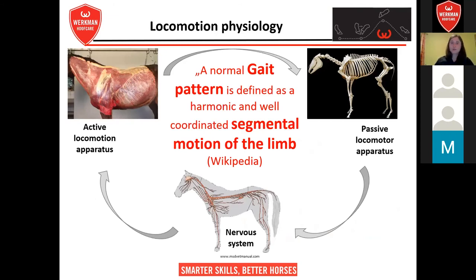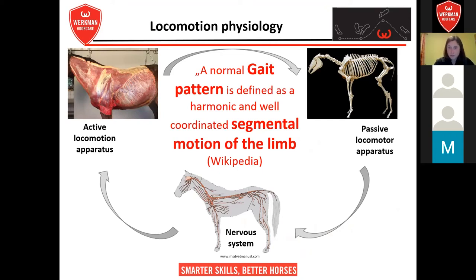And this is why I would like to explain a little bit about locomotion physiology, because I think if you understand this, you understand the character and influences on swing phase. Usually the gait pattern is defined as a well-coordinated segmental motion of the limb. So all parts of the limb need to move more or less coordinated.